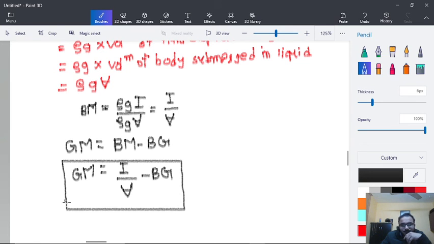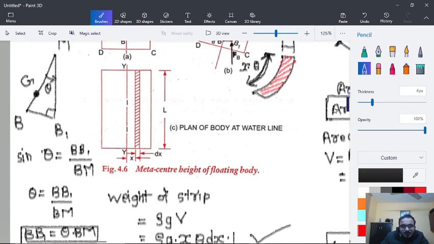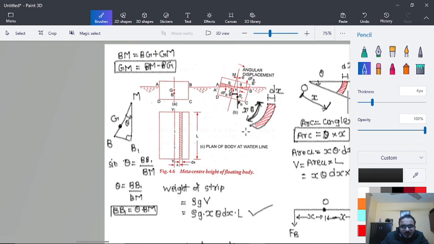So this is the formula for metacentric height that we have derived. So let's copy these things.